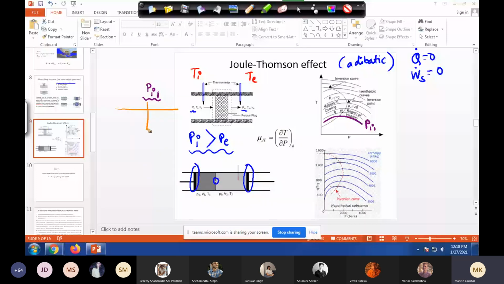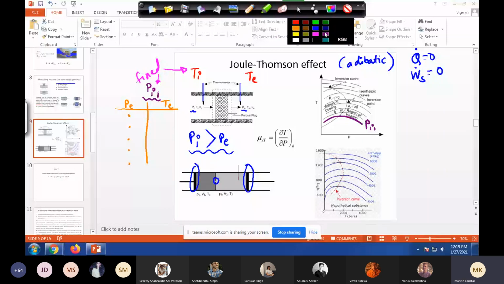In the experiment, you will vary the exit pressure, P exit, for this given Pi1, and you will measure the exit temperature. Inlet temperature is also fixed, by the way. What we are playing with is P. You are maintaining the exit pressure at different pressures, and for the gas which is coming out, you have some exit pressure and correspondingly you are measuring the temperature also.